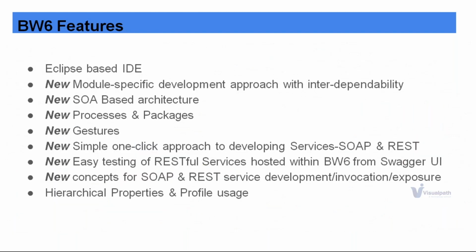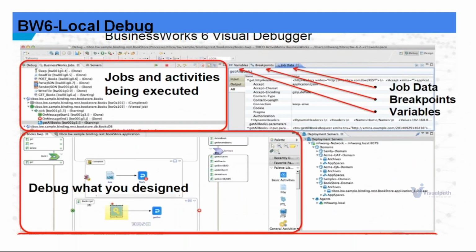Okay. So these are some of the additional features. This is a screenshot of the debugger, that is where we do the local testing. This is more or less similar to BW5, but you get a lot more details here. These are the jobs which are running. These are the individual activity job data.